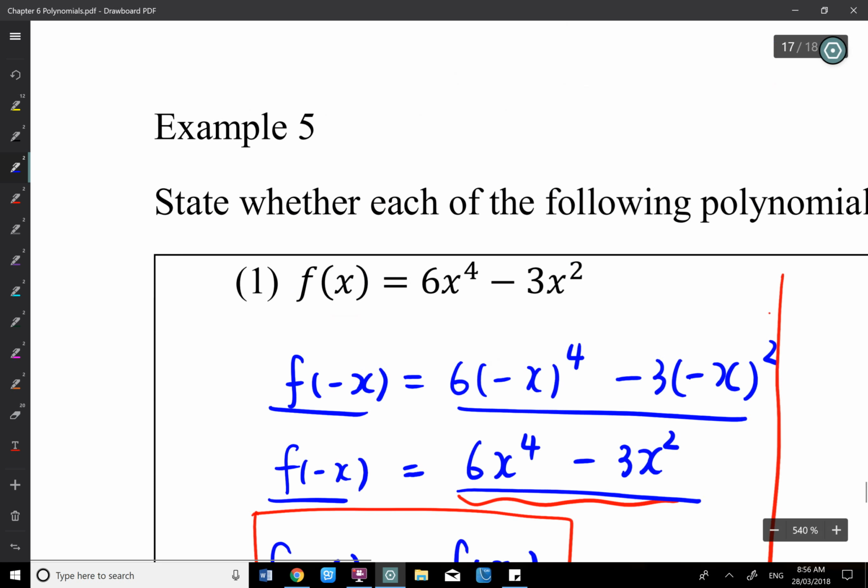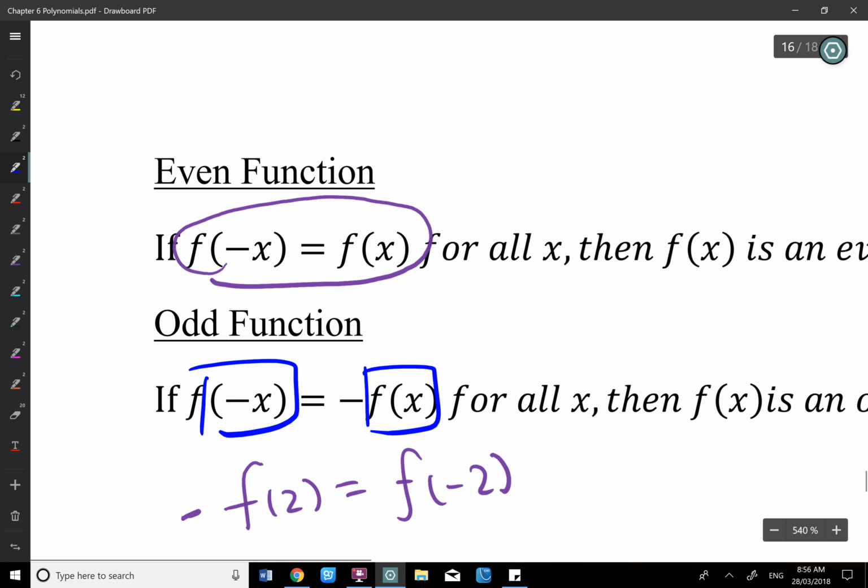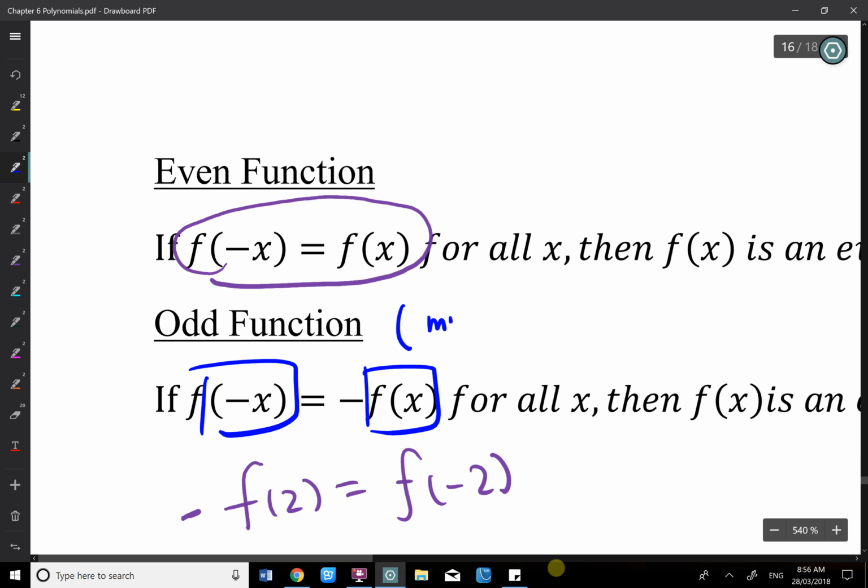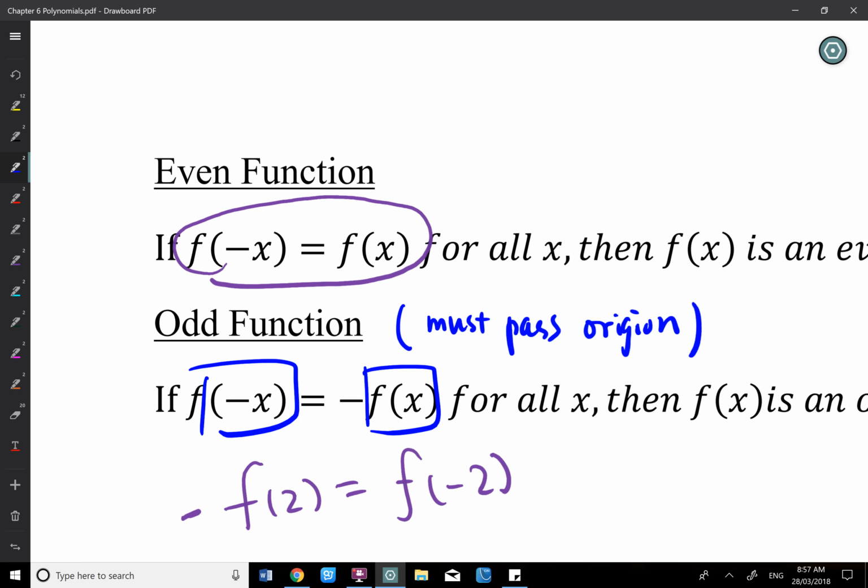I want to add something on the previous page. An odd function must pass through the origin, but an even function does not have to. An even function can still be symmetrical about the y-axis when it's not passing through the origin. For example, like this.